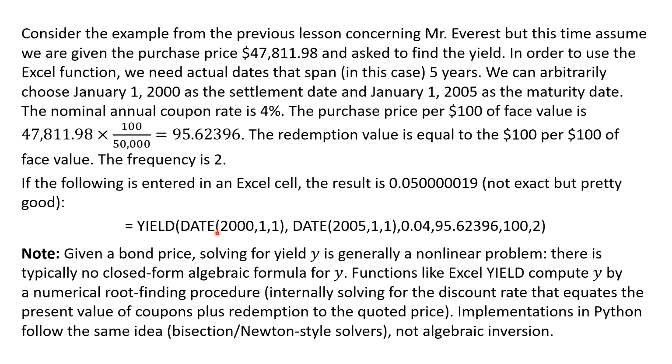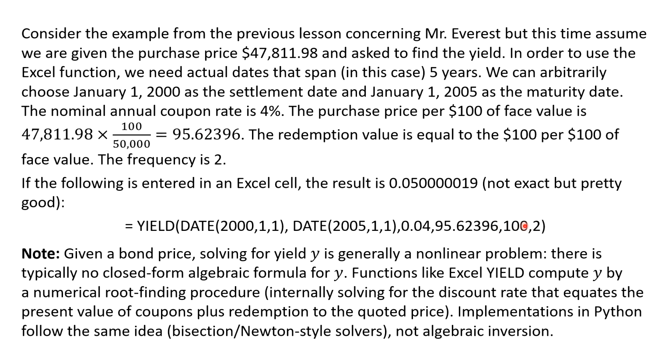So it's date is the year, month, and day. And then the year, month, and day for the redemption. Coupon rate, then the number we just computed, the purchase price as a percentage of the face value.